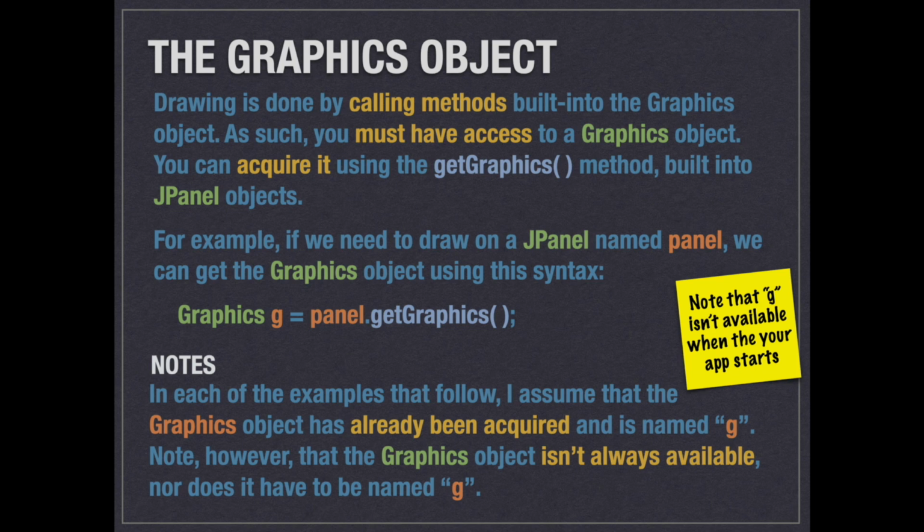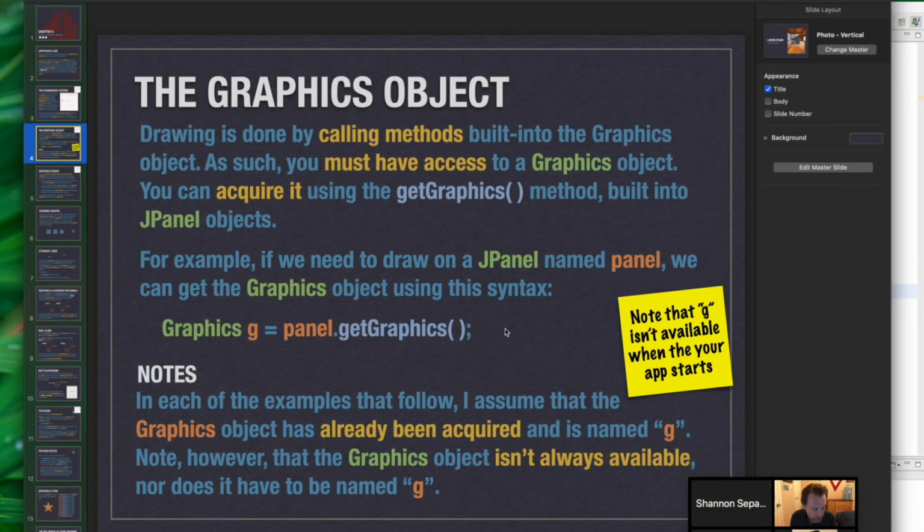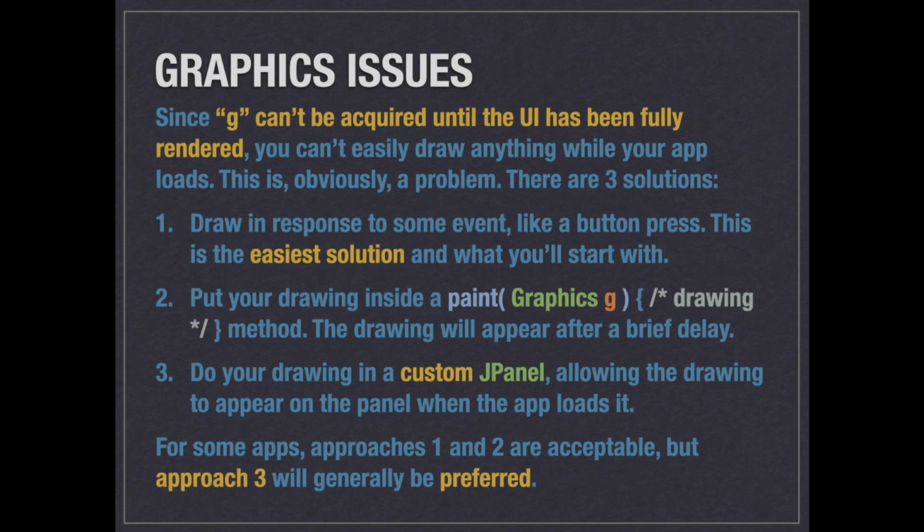But one way or another, to do the drawing we talk about in this chapter, you have to have access to the graphics object. There are a couple of complications because it's not available everywhere in your code, and it's also not available when your app first starts, which is the big wrinkle. So you don't get access to g until your UI is completely rendered. That is, all the widgets and everything's drawn on screen.